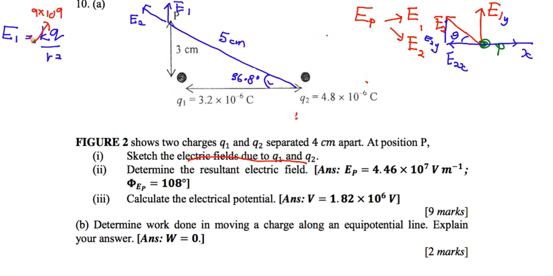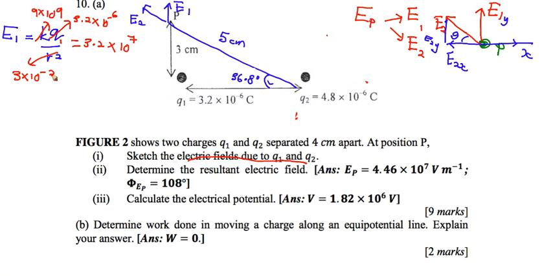Q1 is 3.2 exponent minus 6, and r, the distance from Q1 to the point P, is 3 cm, converted to meters is 3 exponent minus 2. So if you calculate, the value of E1 is equal to 3.2 exponent 7, right?